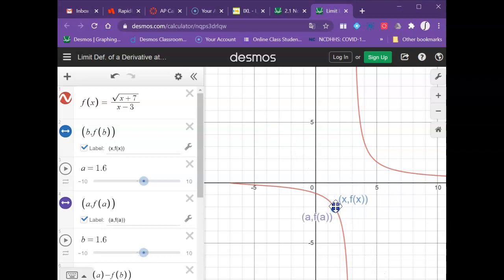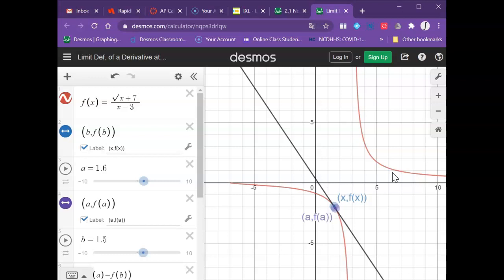If I could actually get x right there at a, it disappears because of the setup of this graph. But if I get really, really close to a, you can see that this looks like a tangent line right here. A tangent line is a line that just touches that graph at one point, and that slope is going to be our instantaneous rate of change if we can get all the way to a.